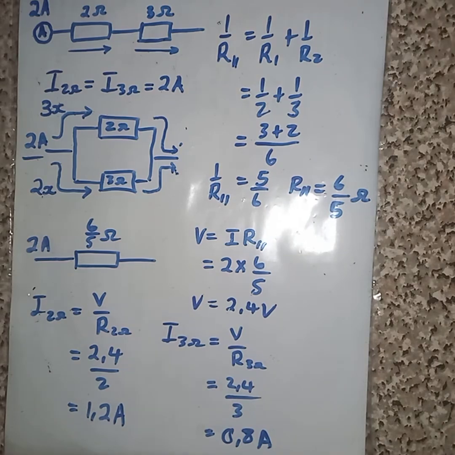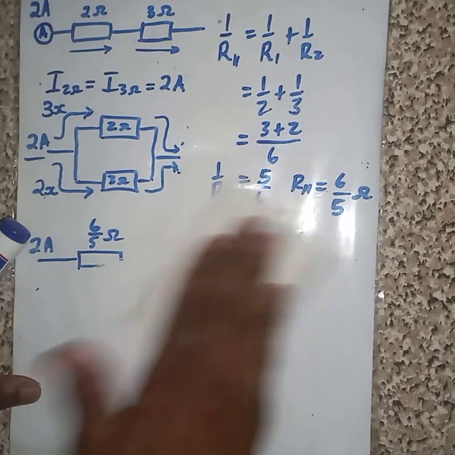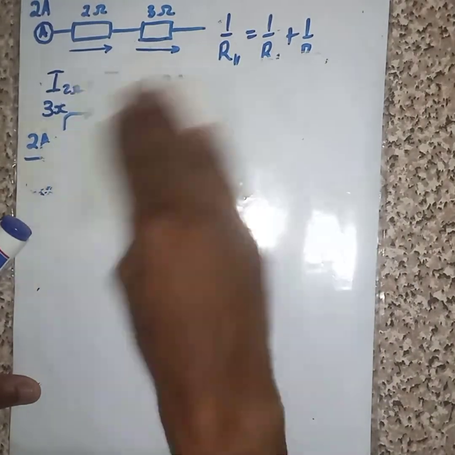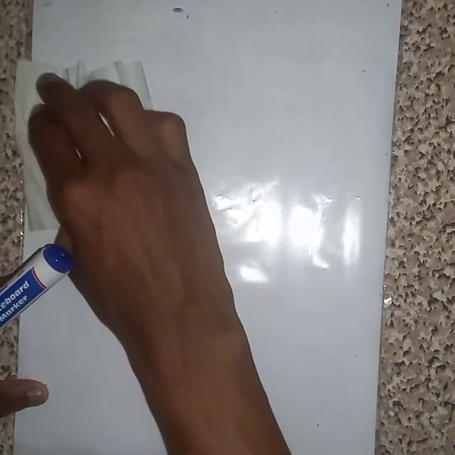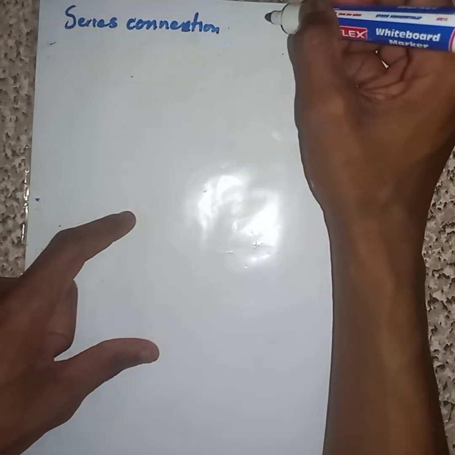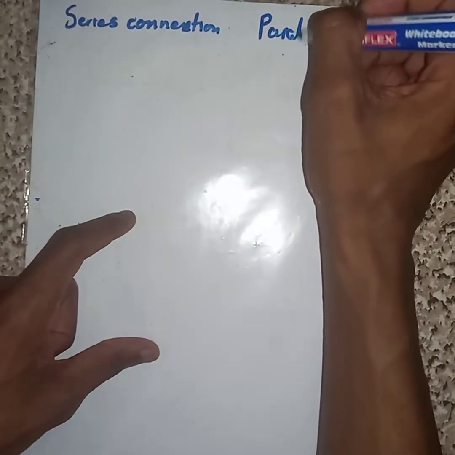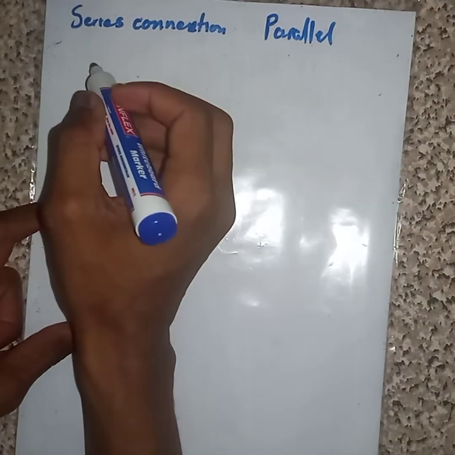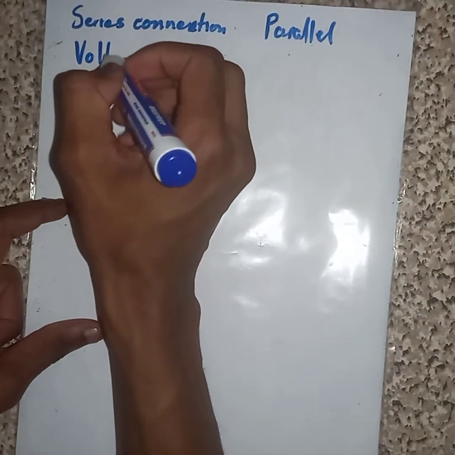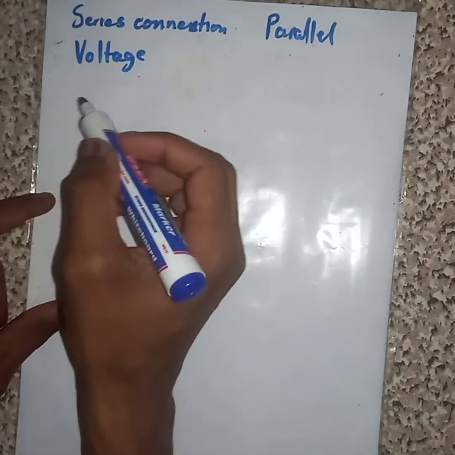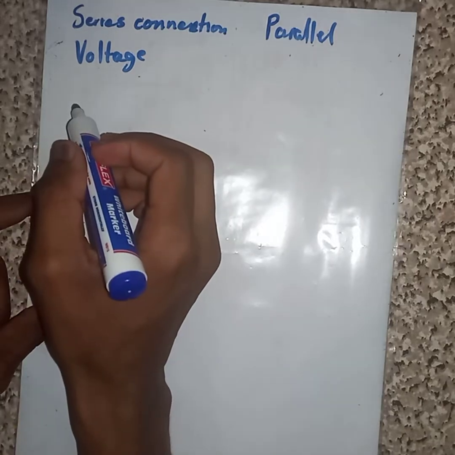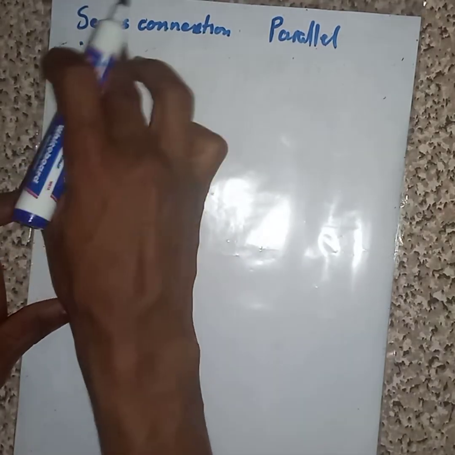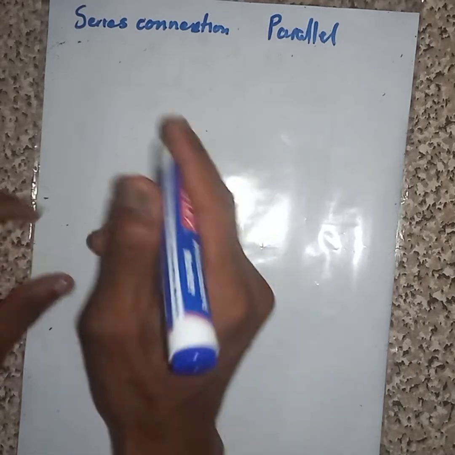Then okay, now we also have voltage. I've already explained it, but now let me explain it again, for series as well as parallel. But now I'm going to consider voltage. Let me remind you of the current.